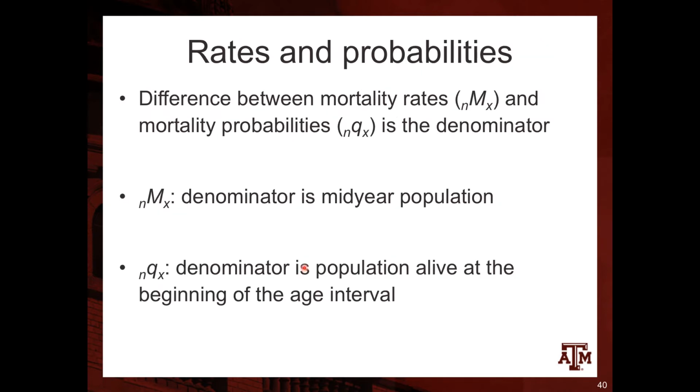When we get raw data from countries, we have the mortality rates for each one of the age groups, and the denominator is the mid-year population. So we have formulas to calculate the mortality probabilities based on the mortality rates that were observed for a specific country or for a specific state, for example, in a specific year.